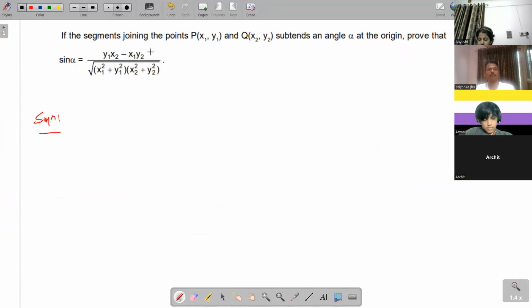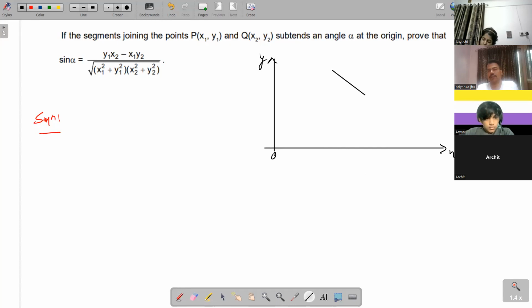The question says that the segment joining these two points subtends an angle alpha at the origin. This is the x-axis, this is the y-axis, and this is the origin. There is a segment.